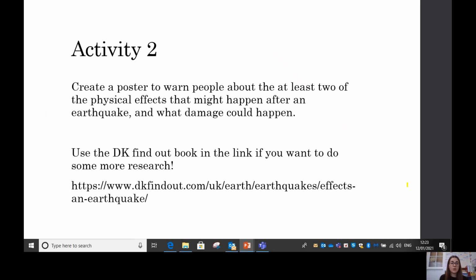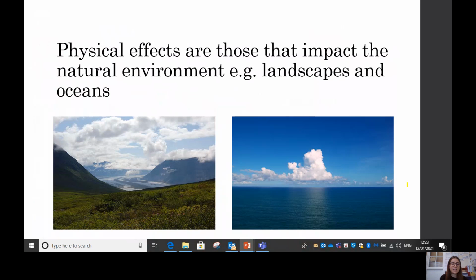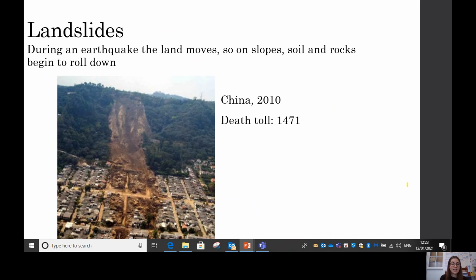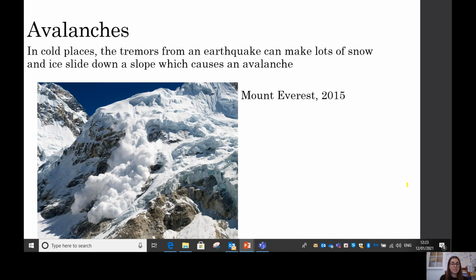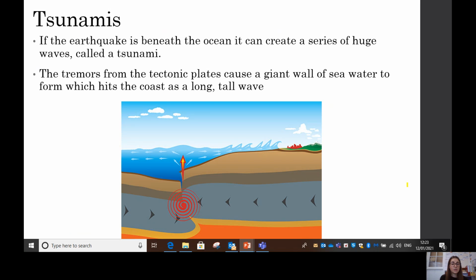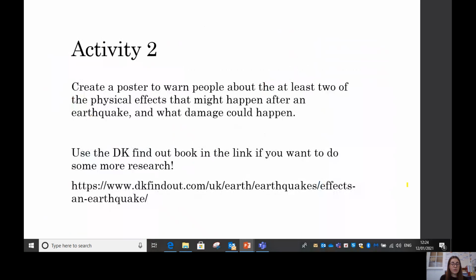Okay, before we move on to your last activity, let's quickly review the physical effects we've talked about. We had aftershocks, landslides, avalanches, fires, and tsunamis. For your second activity today, I would like you to create a poster to warn people about at least 2 of the physical effects that might happen after an earthquake and what damage could happen.